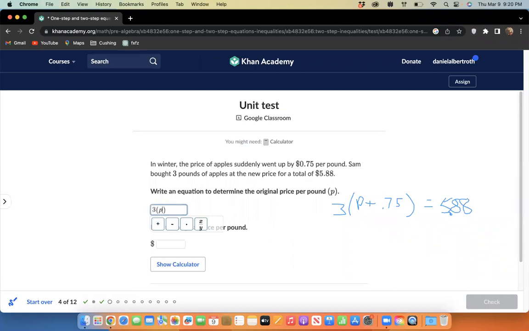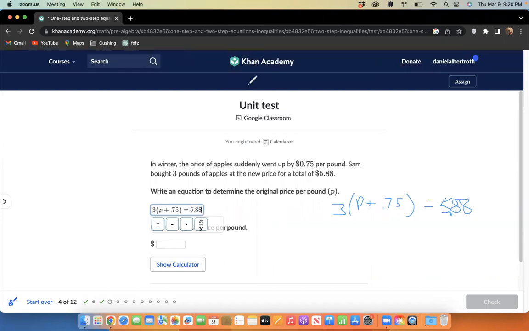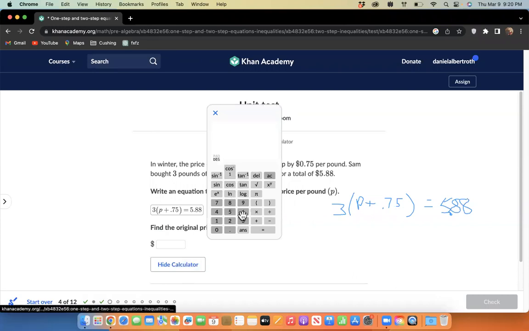So 3 times P plus 0.75 equals 5.88. So I will solve it. So divide both sides by 3. So I'll actually just use a quick little calculator here. Oh, it gives a calculator. So it'll be 5.88 divided by 3.